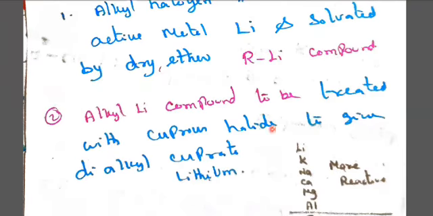In the second step, the alkyl lithium compound is treated with cuprous halide to form dialkyl cuprate lithium. These two steps are very, very important when you write the reaction. Whenever you write an organic reaction, remember that the statements are very important, because the 1 mark or half mark will be given only for the statements.